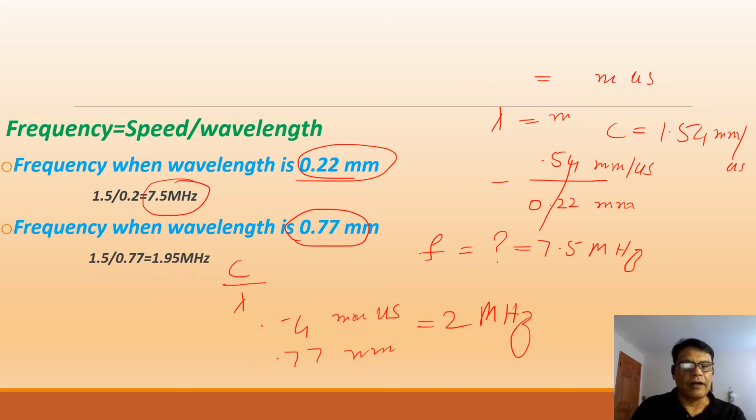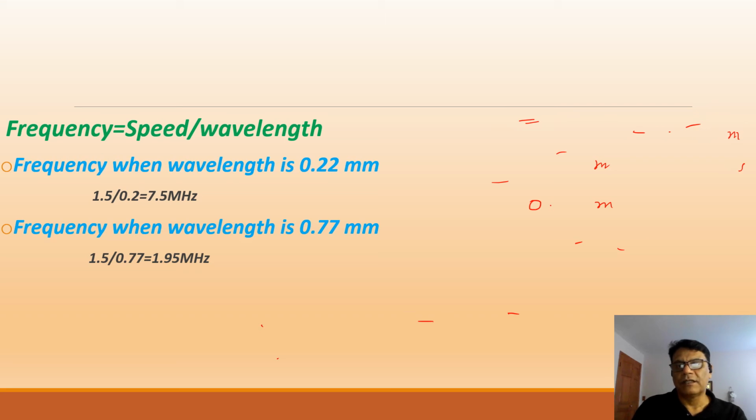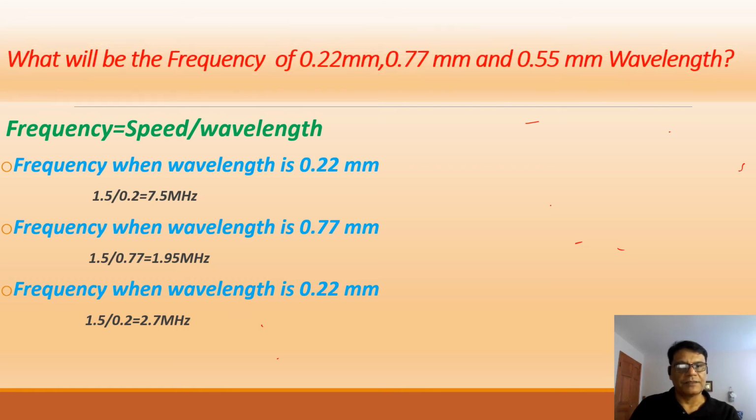This formula, f equals C over wavelength, or speed over wavelength, is the key formula that you need to remember at all occasions in order to solve these questions. Similarly, they can give you a wavelength of 0.22 millimeter and ask you to calculate the frequency, and you will do the same way. Divide the speed of sound by the wavelength and you will get your answer.